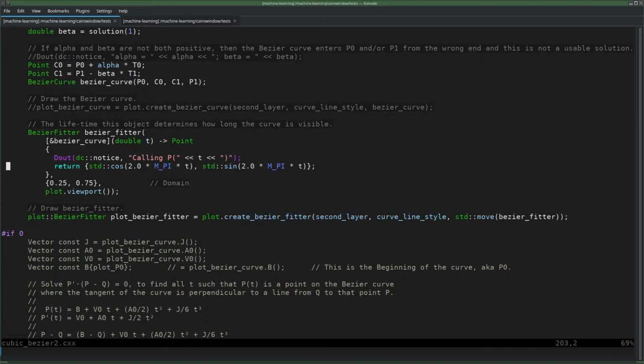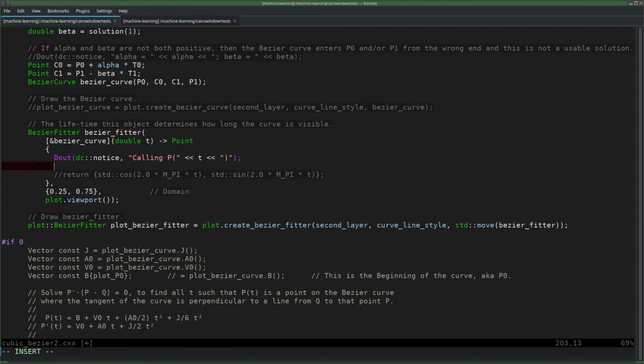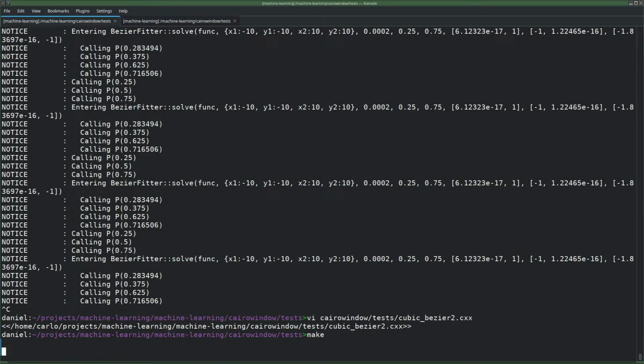Or maybe let's change this back, because I thought that would still work. Then let's return the Bezier curve dot p at t. No, I changed the domain still, but that should work, shouldn't it?